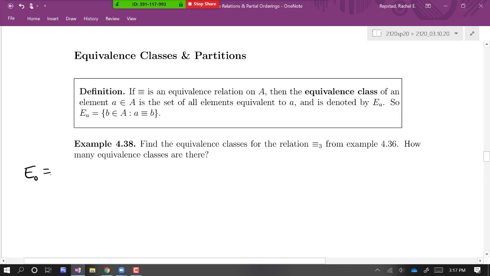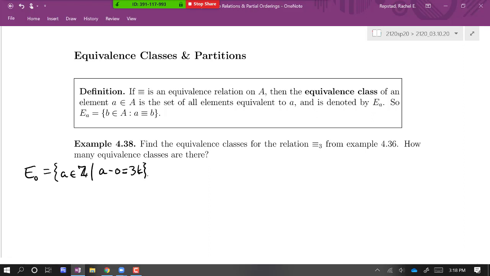These are all the integers that are related to 0. So all A in the integers such that A minus 0 is a multiple of 3. That means A is a multiple of 3.